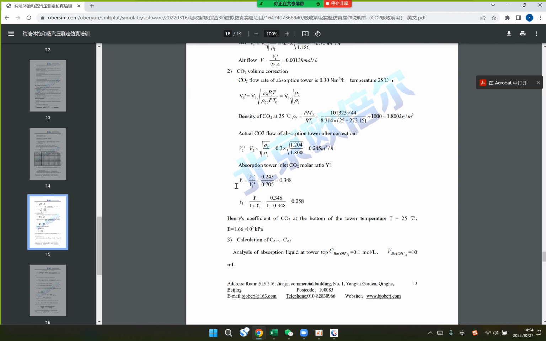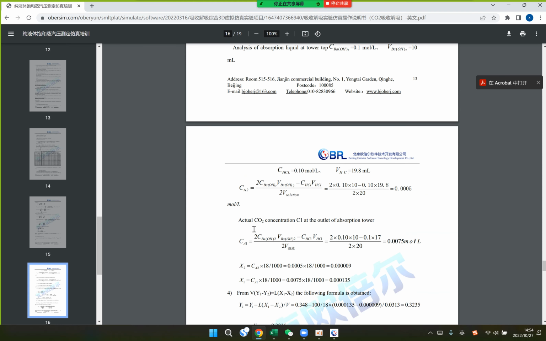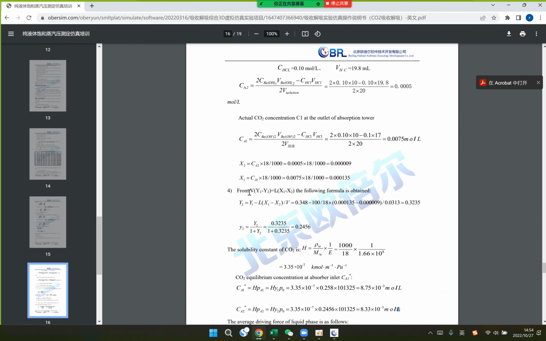Then this formula is the material balance equation to calculate the big Y2 and the smaller y2 from the top of the tower, because subscript 2 means top and 1 means bottom.